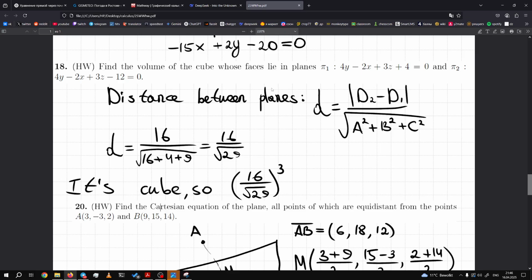Okay, so we know the formula for distance between planes. This is the formula, and just substitute our numbers and get this one. It's a cube, so the volume is equal to the distance cubed. You can calculate it, but I'm lazy.